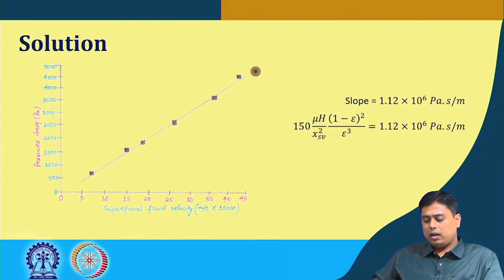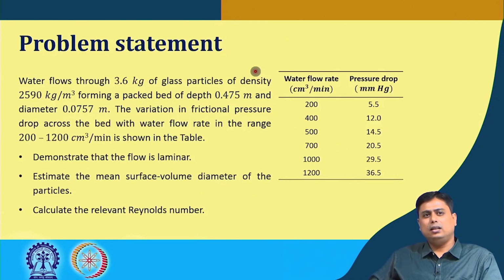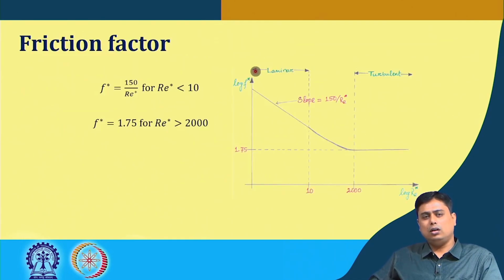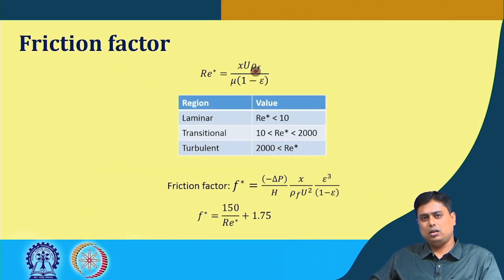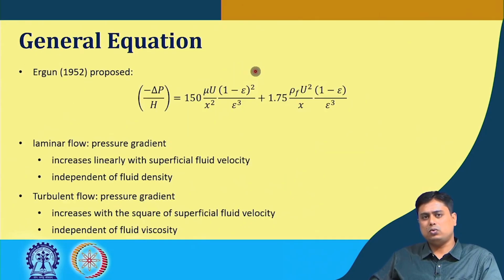So, the takeaway message from this whole class today is that we have to look at the Reynolds number range, and that will help us understand which part will be dominant in the Ergun equation. The Ergun equation encompasses both flow regimes, the laminar and the turbulent.